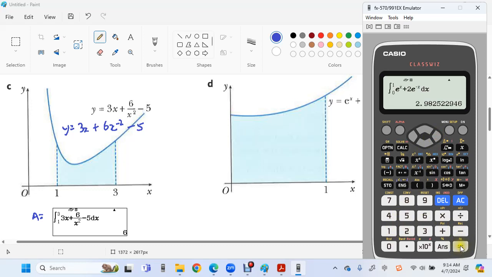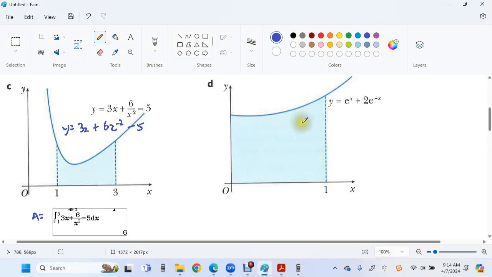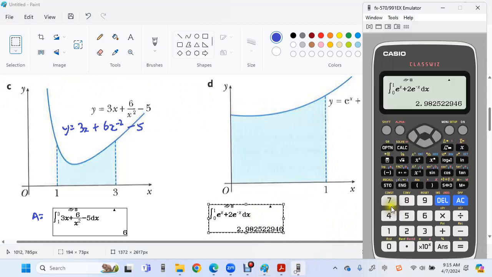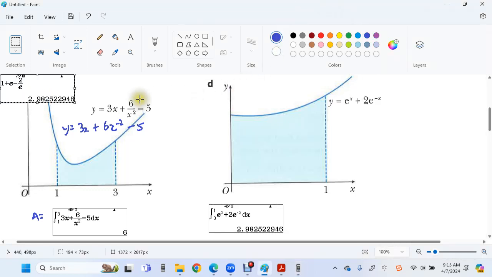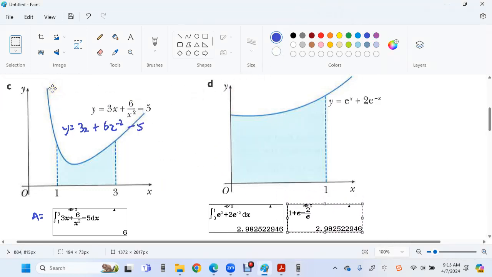The answer that we get here is this, and the answer provided by the textbook is 1 plus e minus 2 over e. So yes, correct, same answer. This is the answer given in the textbook.